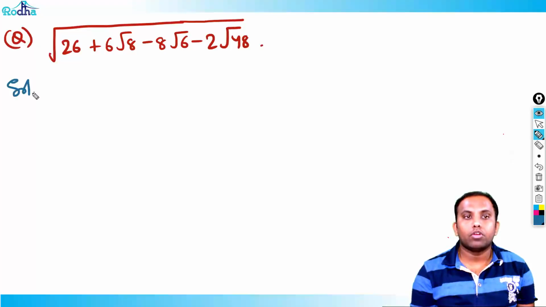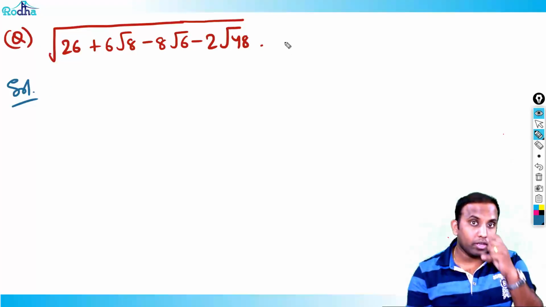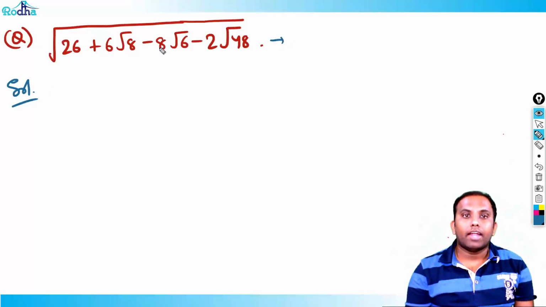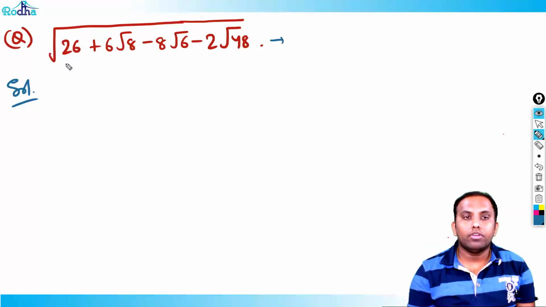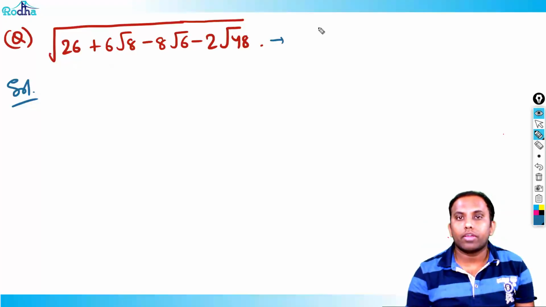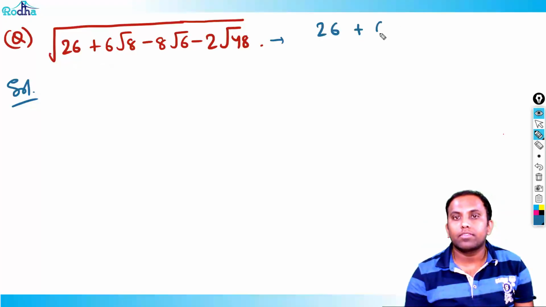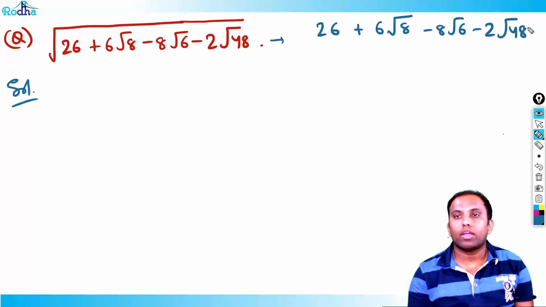Once you've got the concept, I know how to expand now. Sign adjustment is a different thing. If I write this as 26 plus 6 root 8 minus 8 root 6 minus 2 root 48, I know the funda here: this is 6 root 8, this is 8 root 6.